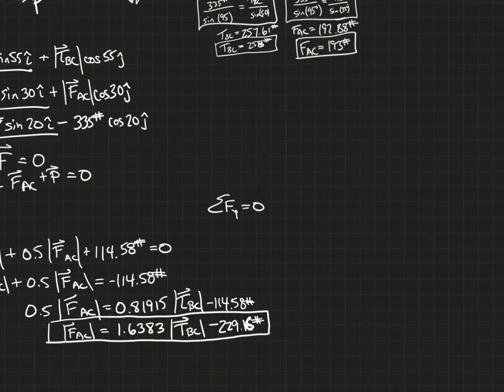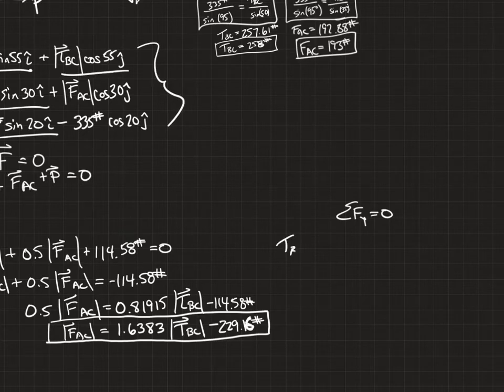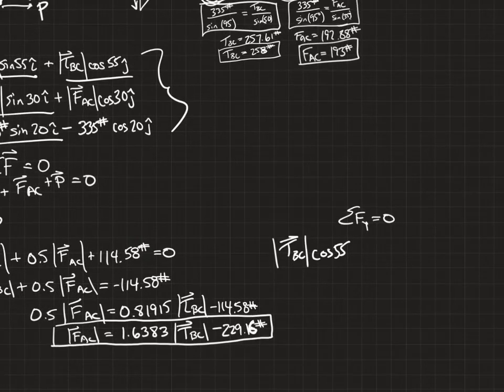Okay, so what I'm going to do now is I'm going to move this one over a little bit because we're going to need a little bit of space here. I'm going to try to leave it such that we can barely see what we're adding up, which are these things right over here. Okay. So basically, we're going to start with this first one. I'm going to say, well, TBC, okay, cosine 55. I think earlier I didn't do cosines, right?